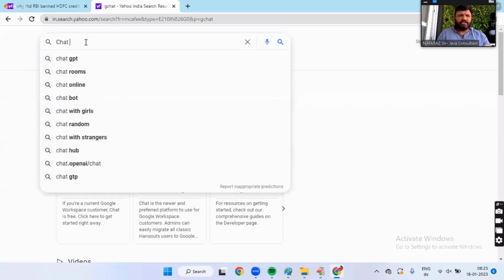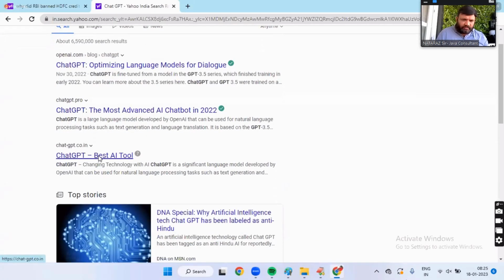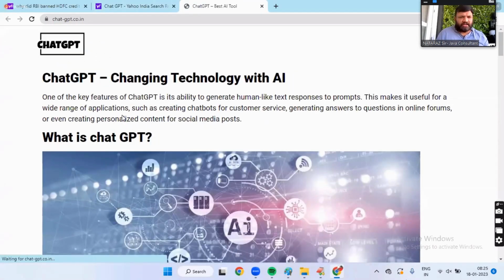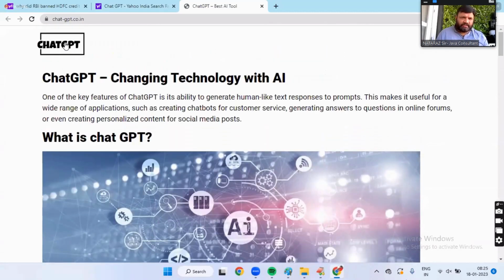It is not ChatGPT. Yes, you are right. ChatGPT is the new search engine which is an alternative to this. It's based on AI. It's running based on AI, right? Yeah, try once.